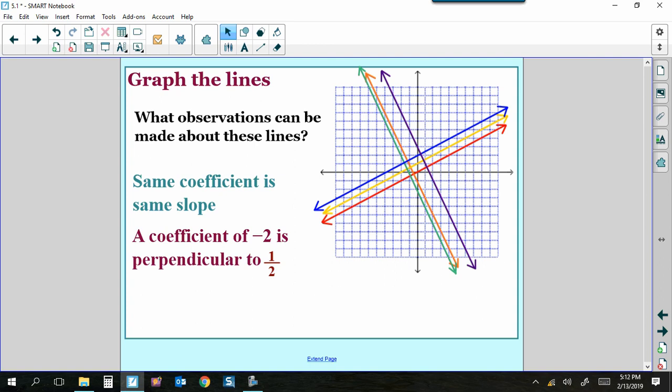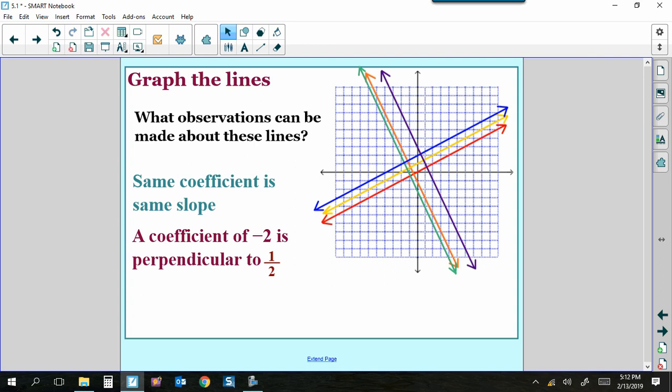And then reciprocals, if you remember back to seventh and eighth grade, reciprocals are when you take a fraction and you flip it. The numerator and denominator switch places. So -2/1 flips and changes to a positive, it becomes +1/2, which you can see are the two slopes that we have here, and that resulted in perpendicular lines.